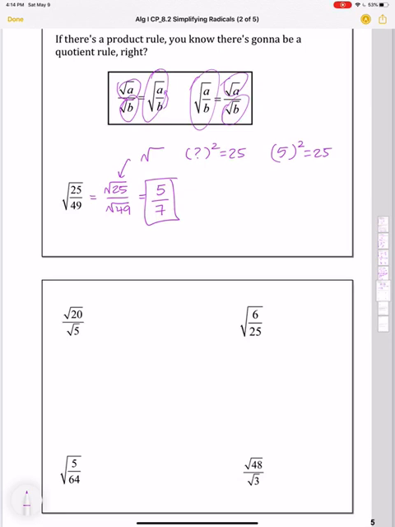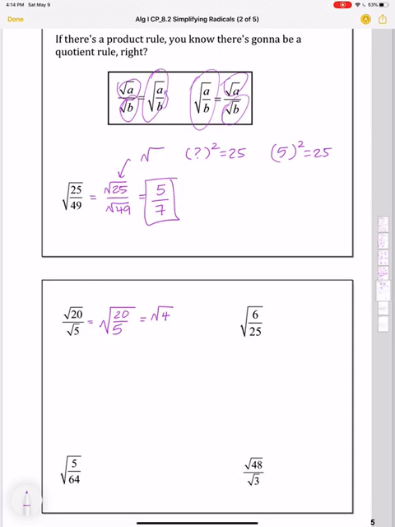This next example, the square root of 20 over the square root of 5. The square root of 20 isn't a perfect square, and the square root of 5 isn't a perfect square. So I can't just take the square root of them. But I could make it a giant fraction under the radical and divide that, because 5 goes into 20 4 times.